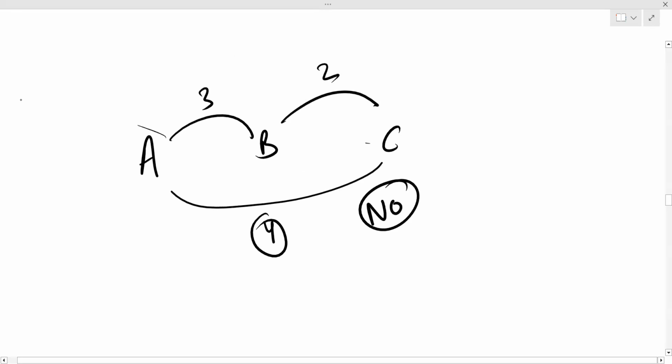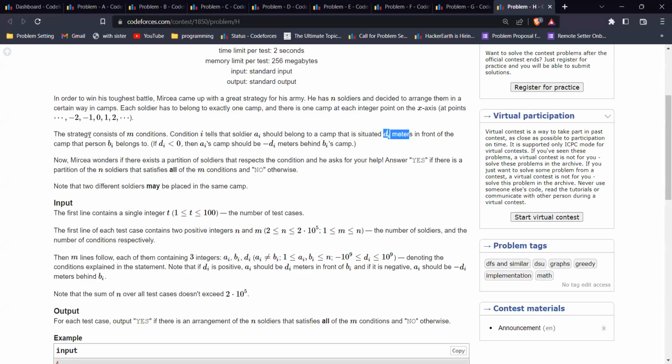It is asked whether or not it is possible to have the situation that we have provided. Okay, the problem statement is still not clear. See, we are given that we have M conditions, right?